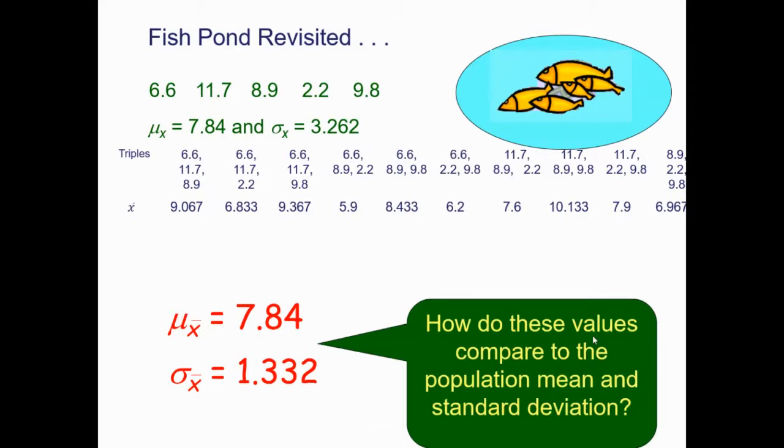How do these values compare to the population mean and standard deviation? So, same mean as population. And standard deviation is lower again.